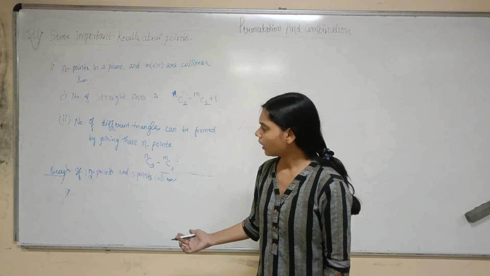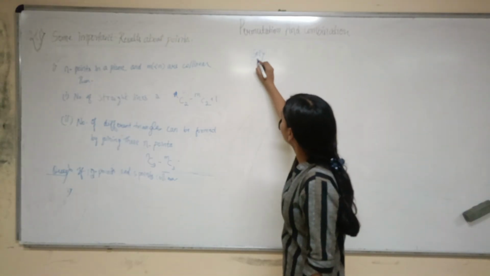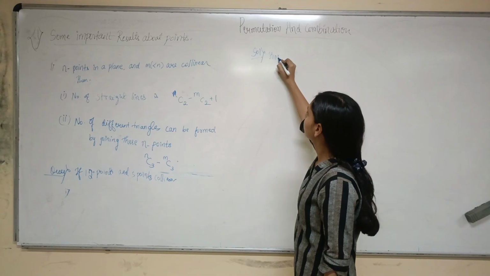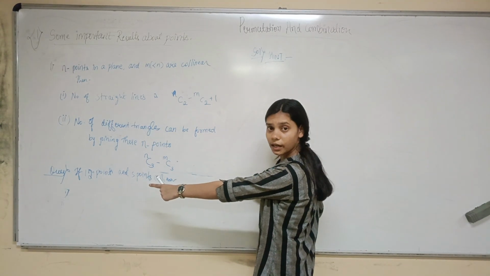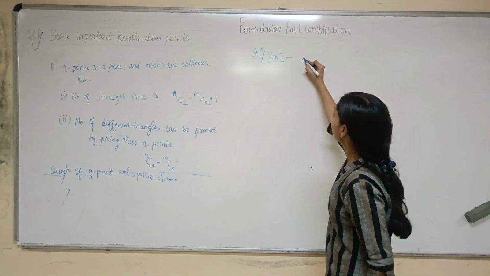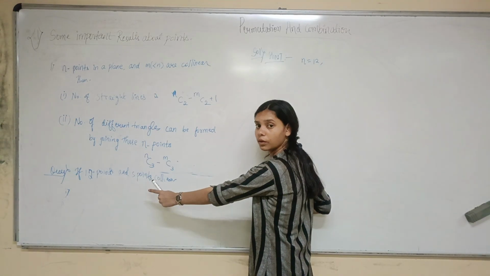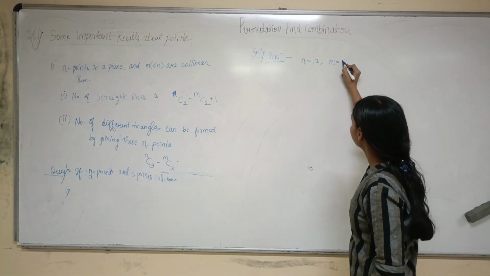Okay. Now the solution of this I will give you as homework, but I give you a hint. Here the total points are 12, which means the value of n is equal to 12, and 5 points are collinear, which means the value of m is equal to 5.